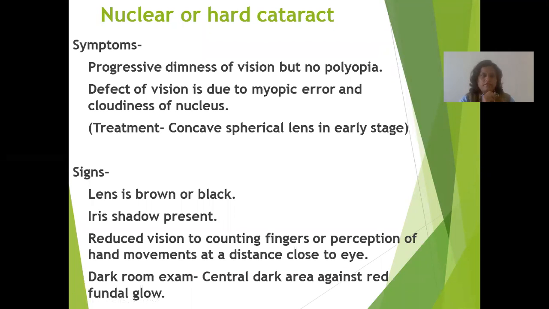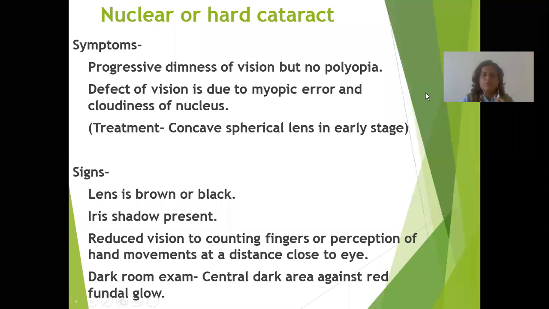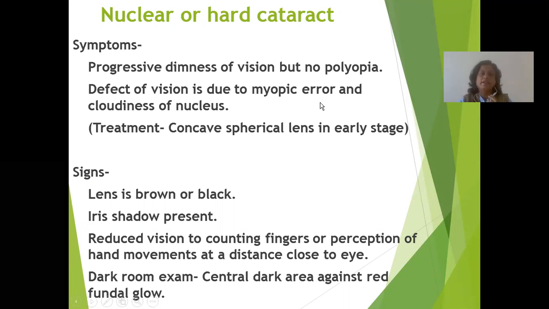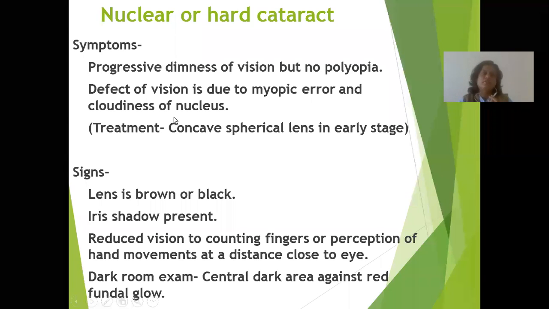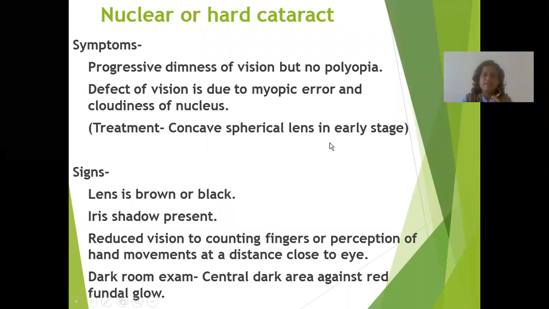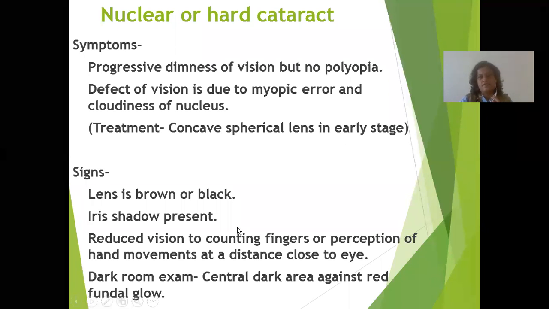Then in the symptoms we see that there is a progressive dimness of vision but no polyopia. Defective vision is due to the myopic error and cloudiness of the nucleus, and for treatment we can use a concave spherical lens in the early stage.